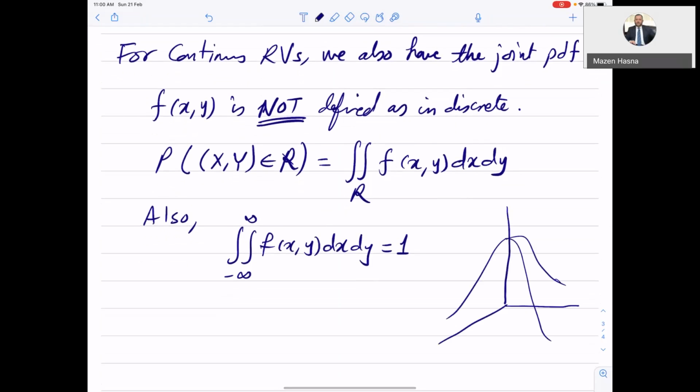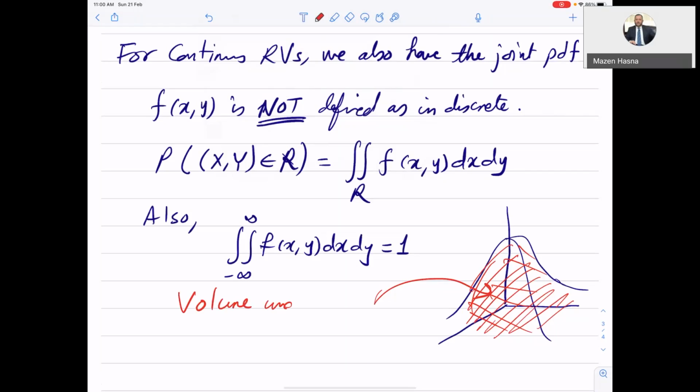So here now what we have is a three-dimensional curve, and what we are saying is that the volume under the curve in 2 dimensions equals 1.